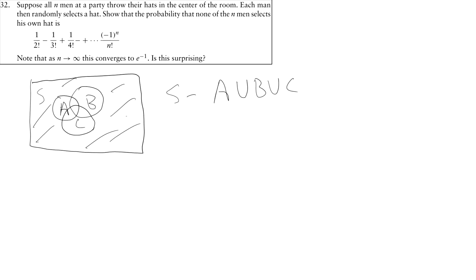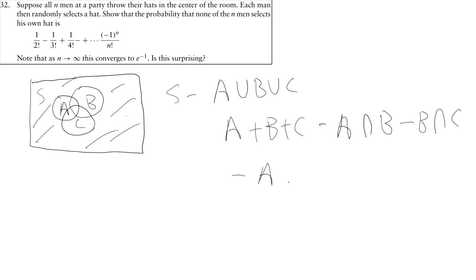Now A union B union C, as we know, is A plus B plus C minus A intersection B, minus B intersection C, minus A intersection C, plus A intersection B intersection C, right?